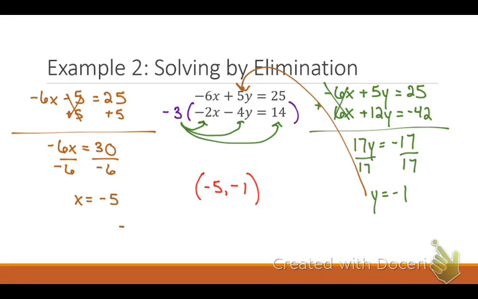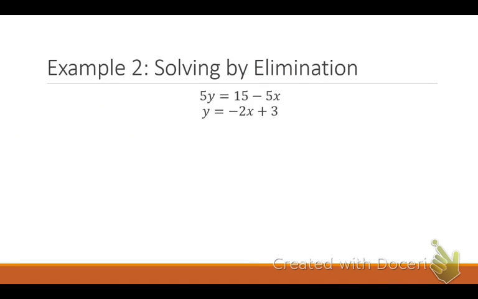Okay, solving by elimination. This is definitely the harder part of solving systems with elimination, is when you don't have the opposite and you have to create the opposite. All right, what do you see here? What do you guys see here? One's in slope intercept, the other one's almost in slope intercept.